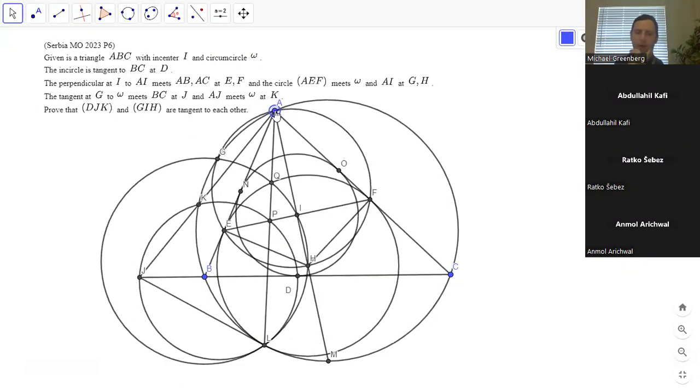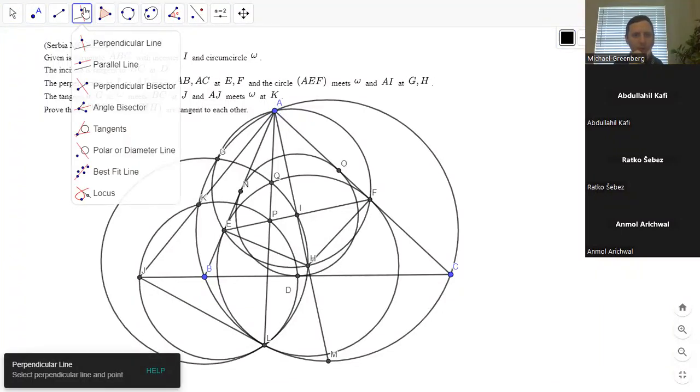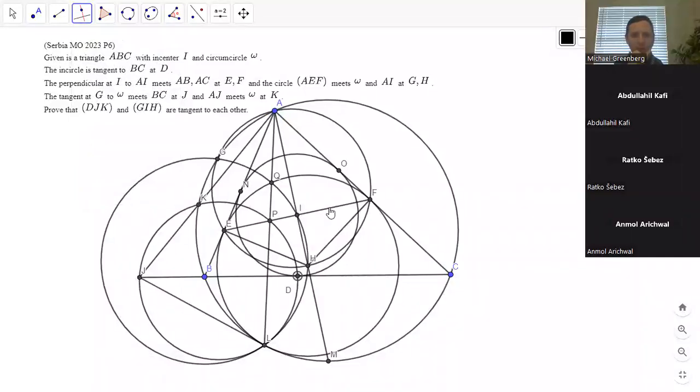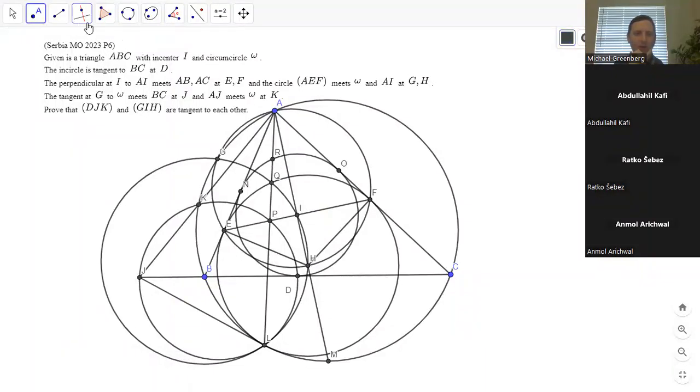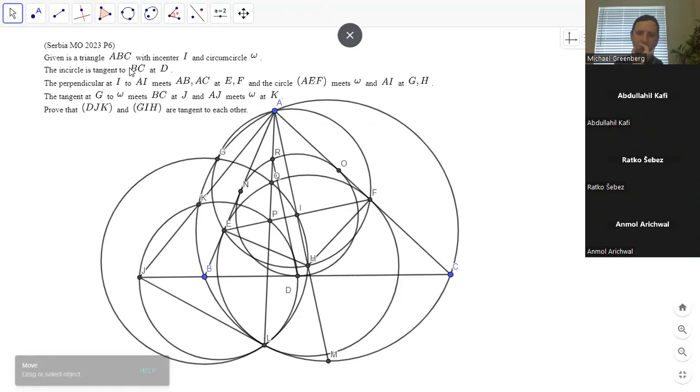We haven't proven it, but it's an interesting fact. And I wonder if DQ is perpendicular to EF. So it looks like DR is perpendicular to EF, and parallel to AI. So a couple things going on, and I haven't proven most of them.